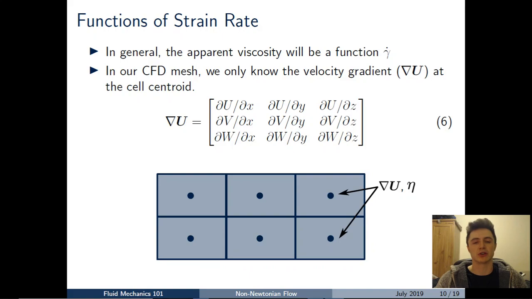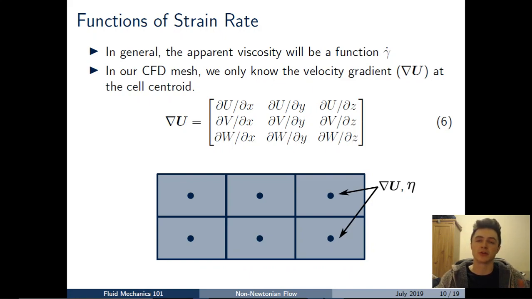Now, in order to get the strain rate, we need to think of the velocity gradient at a point in the mesh. So if you look at the very simple diagram I've got for you there, we've got a collection of cells, and at the cell centroids, where we store the information for the flow variables in our mesh, we have a value of the velocity gradient.